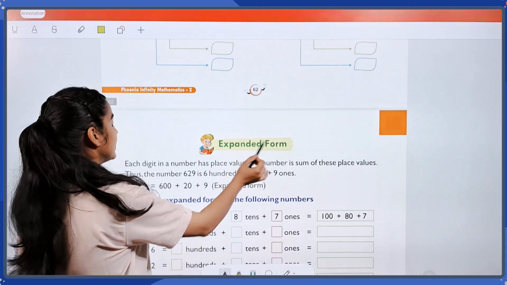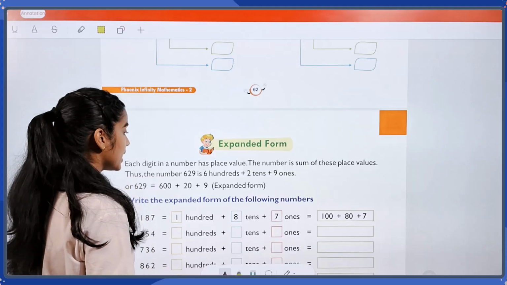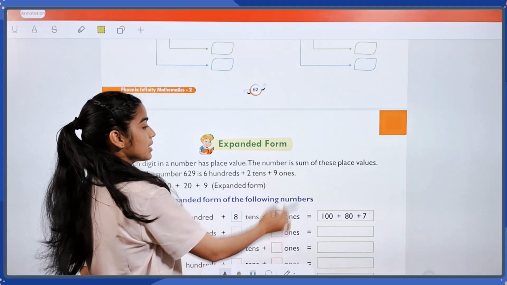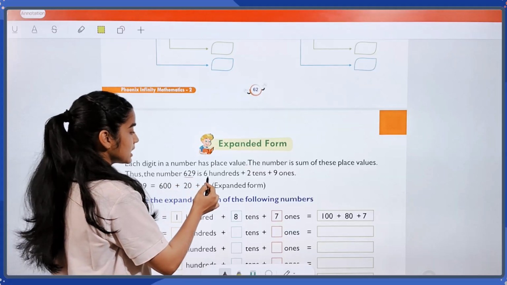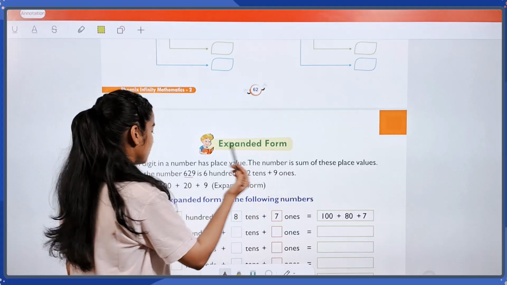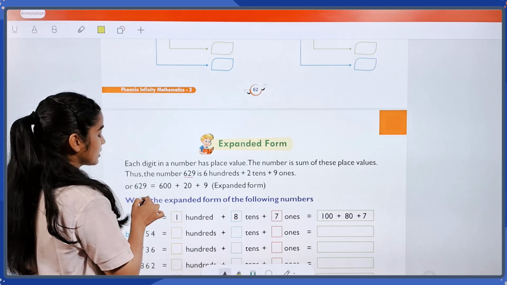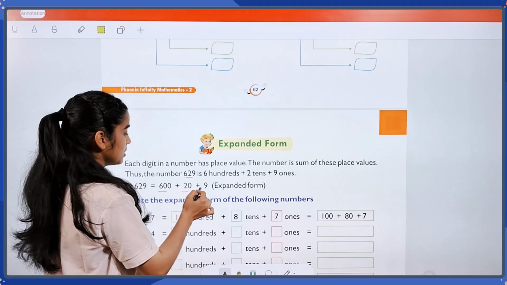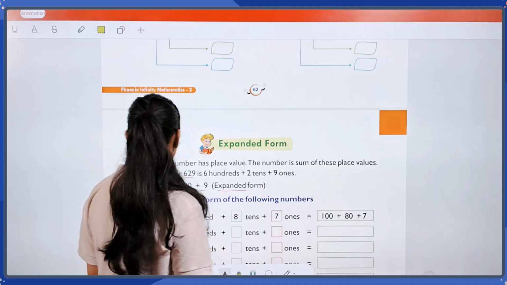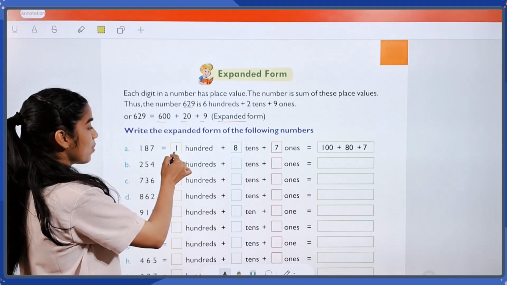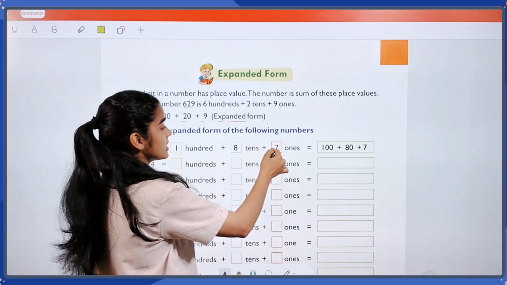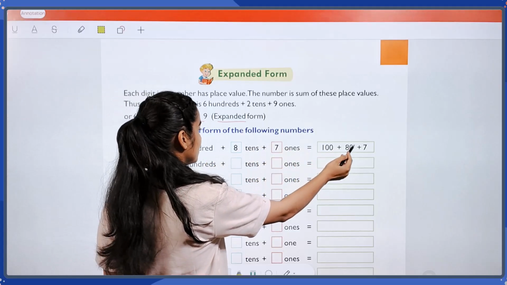Now expanded form. Each digit in a number has a place value. The number is the sum of these place values. Thus the number 629 is 6 hundreds, 2 tens and 9 ones, or 629 is equal to 600 plus 20 plus 9. This is the expanded form of 629. So how can we expand 187? 1 hundred, 8 tens and 7 ones, which is 100 plus 80 plus 7.